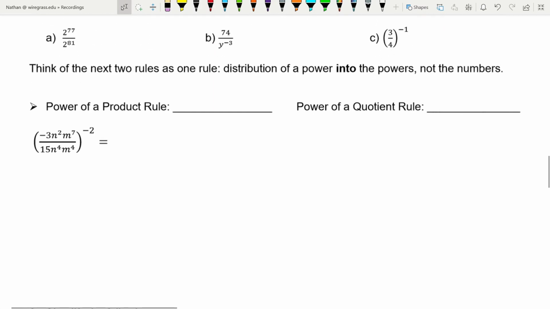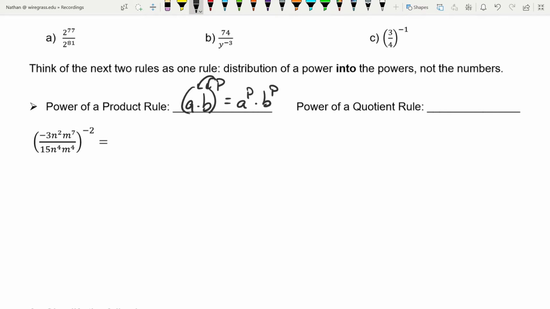Okay, the next two rules are kind of the same thing, but just think of it as one idea, that you're distributing powers into powers. So the power of a product rule is if you have two things that are multiplying and you have some power on that, that power can get distributed, quote unquote distributed, into the powers, not into the numbers.